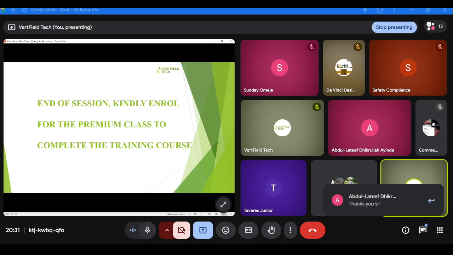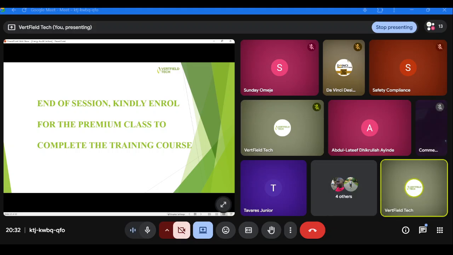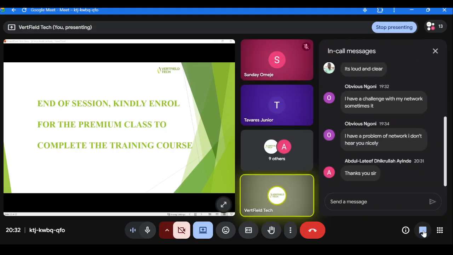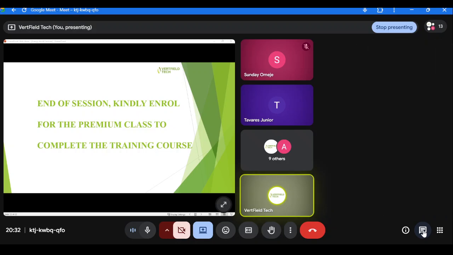That is all you need to do. There is no long process, everything has been simplified. You don't even need to contact anybody. Just pick the number or account number we give to you, make your payment, and send in the evidence of payment on the platform, and we will confirm it. Once it is confirmed, you will then become our student.